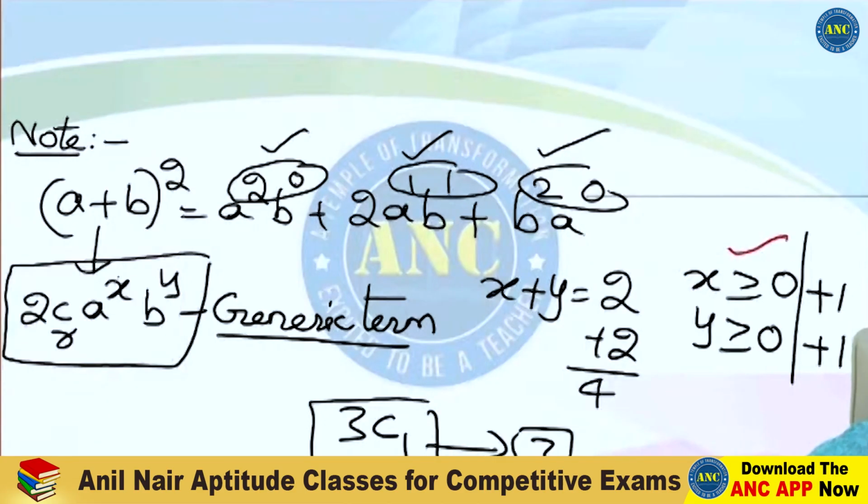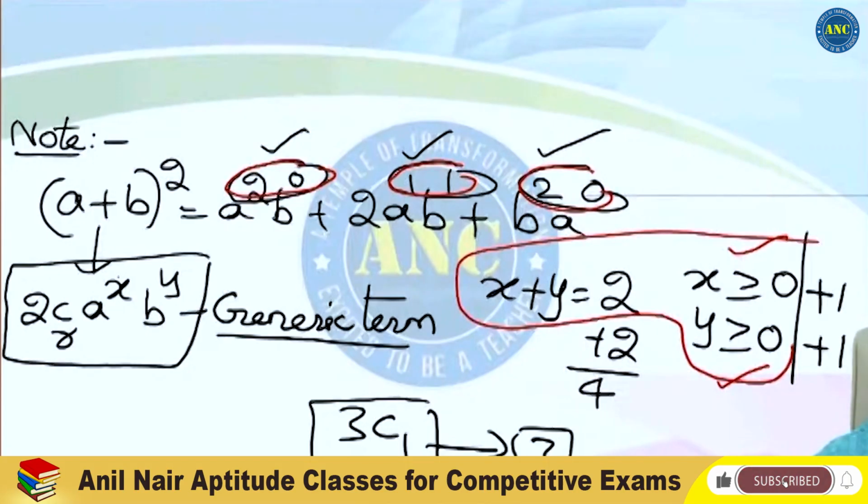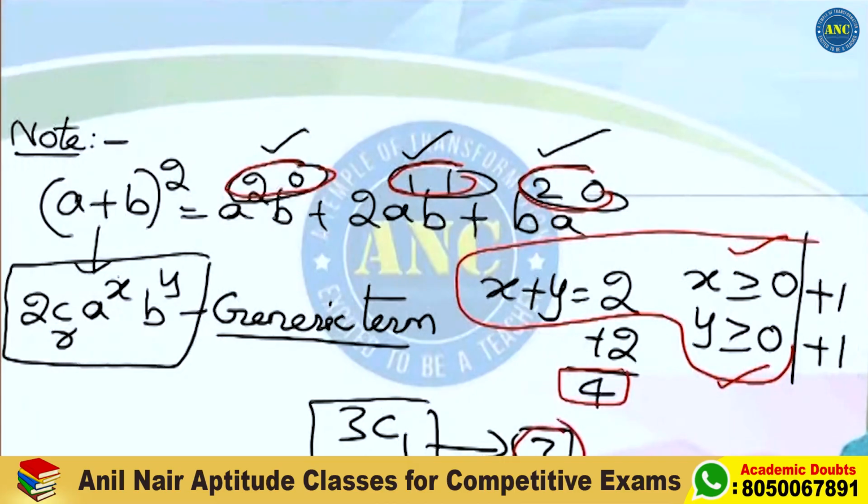So X can take 0, Y can take 0. Powers sum is nothing but 2, X plus Y. If you understand this, then number of terms is very, very easy. 0 means add 1, add 1. 2 plus 2 is 4. 4 is nothing but 3C1, it is nothing but 3. I hope it is clear.